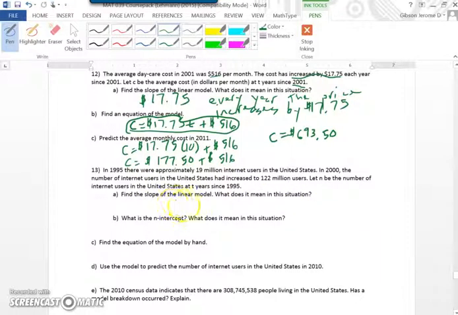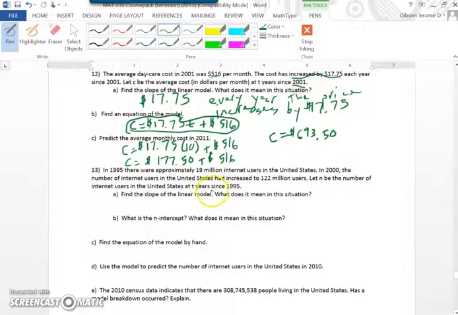Now, we have problem 13. In 1995, there were approximately 19 million internet users in the United States. In 2000, the number of internet users in the United States had increased to 122 million users. Let N be the number of internet users in the United States at T years since 1995. It says here, find the slope of the linear model. Now, we do not have the slope yet, but we can find it.